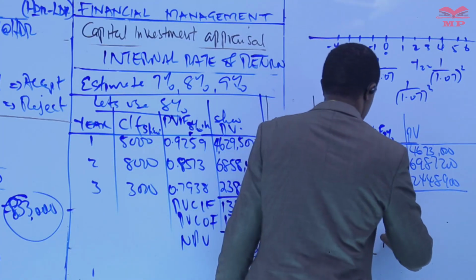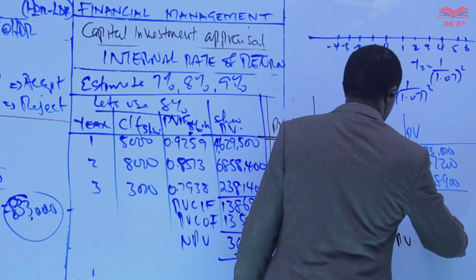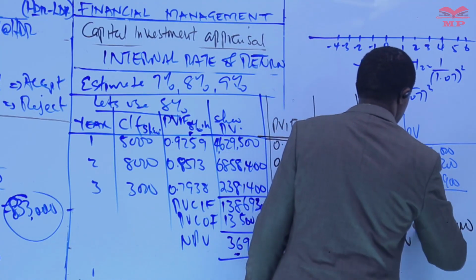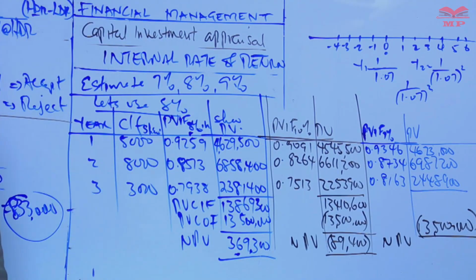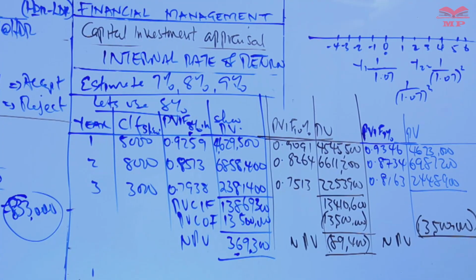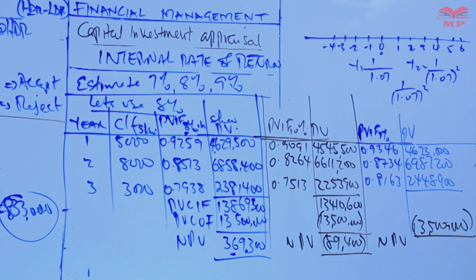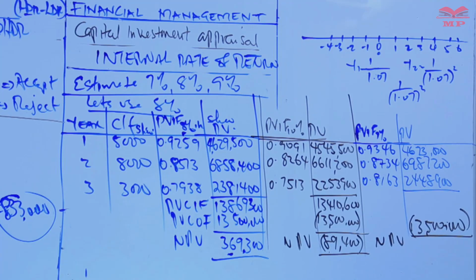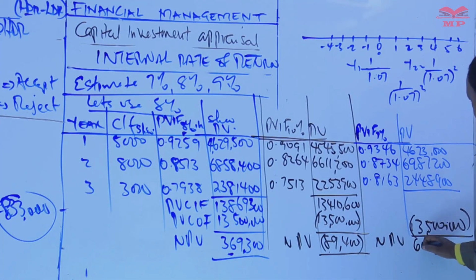What is the NPV? Deduct 13,500. What is the NPV? Total NPV 609,100.